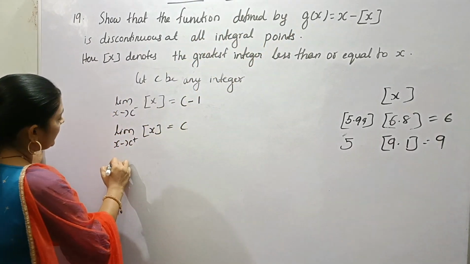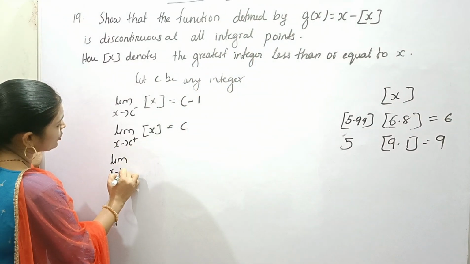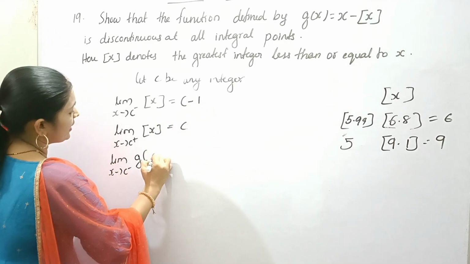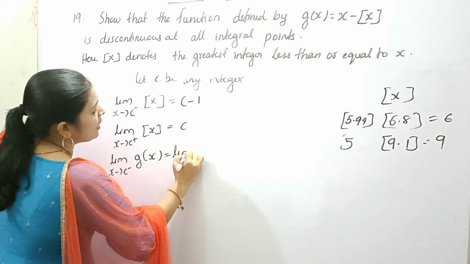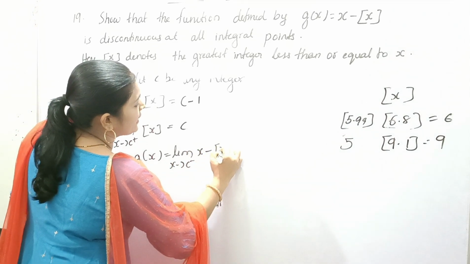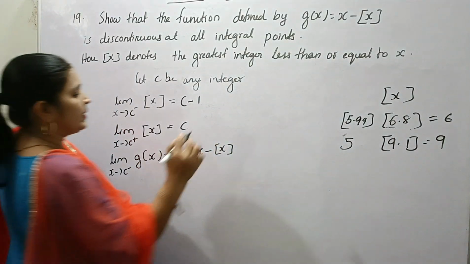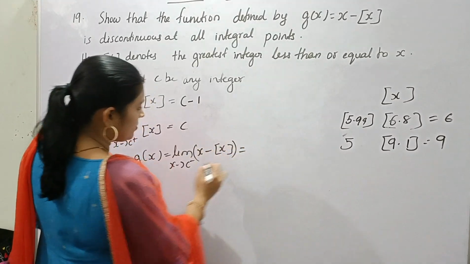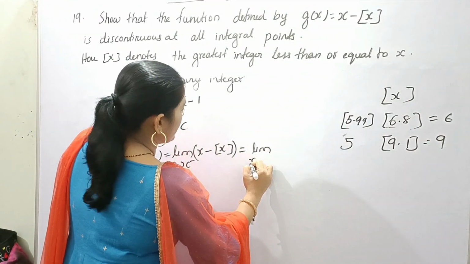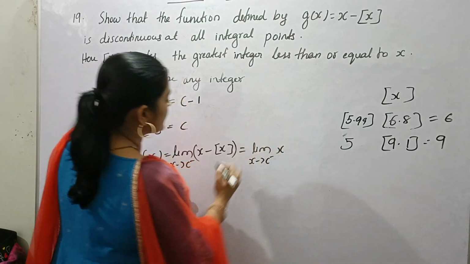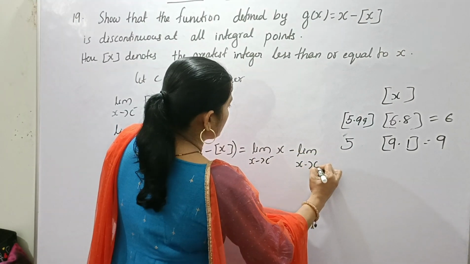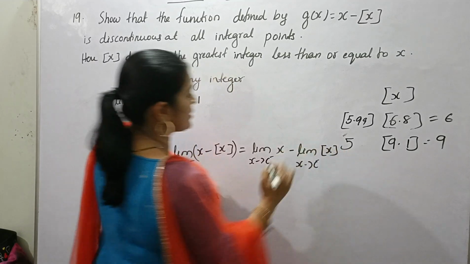Limit x tends to c minus, our function is g of x, that is equal to limit x tends to c minus of x minus greatest integer of x. Split the limit: limit x tends to c minus of x, minus limit x tends to c minus of greatest integer of x.